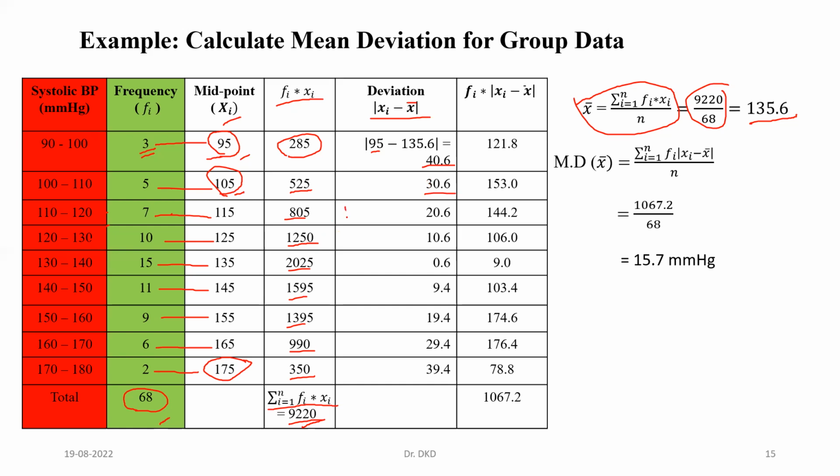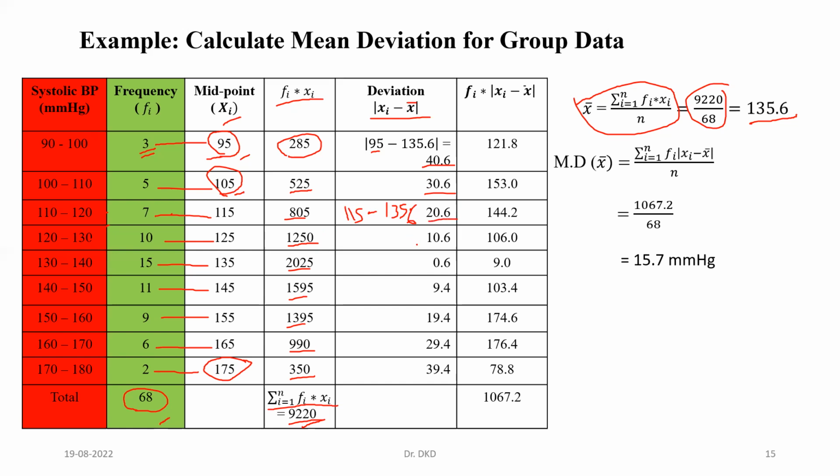Then again we take 115 minus 135.6, and we get minus 20.6, but since we are taking the modulus value, it would be 20.6.